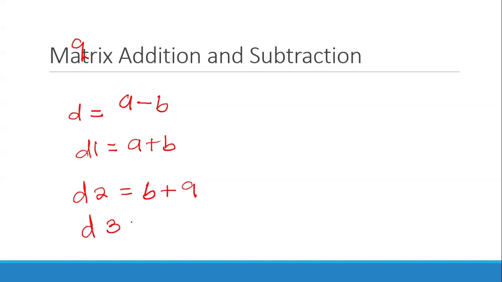So D3 is equal to a scalar 8 plus A. And let's see if it will be able to perform this operation.